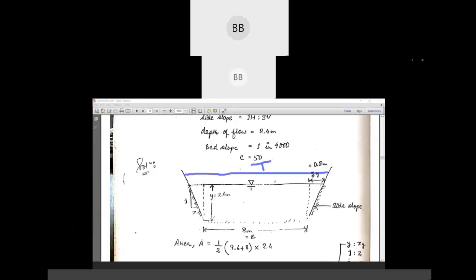So area equation is nothing but half multiplied by top width in addition to your bottom width multiplied by depth of flow. Okay. This is the area equation for your trapezoidal section. So first we need to find out the top width.